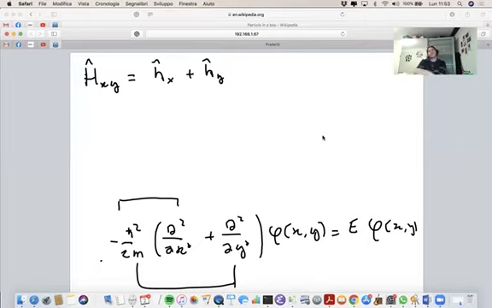Now, this is obviously a very specific, unusual situation, because normally the potential energy will mix x and y in non-trivial ways. So the simple decomposition of the Hamiltonian as a sum of one Hamiltonian acting only on the variable x and another acting only on the variable y is a very lucky and special case.